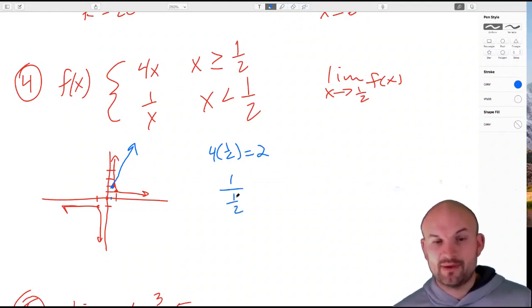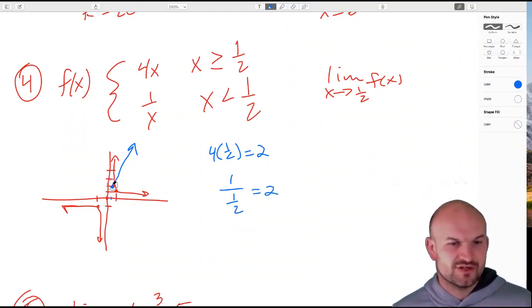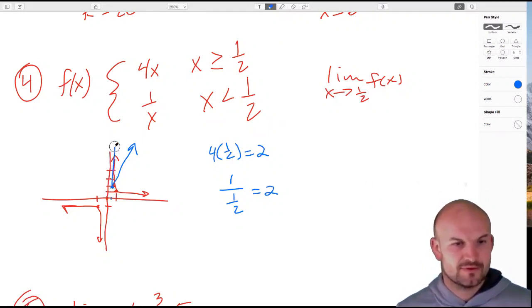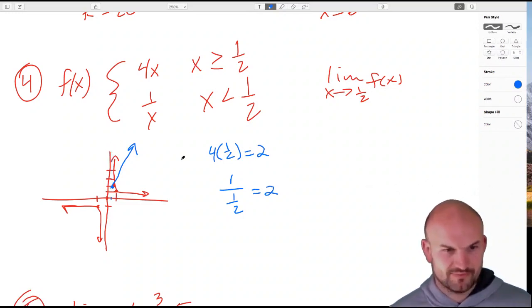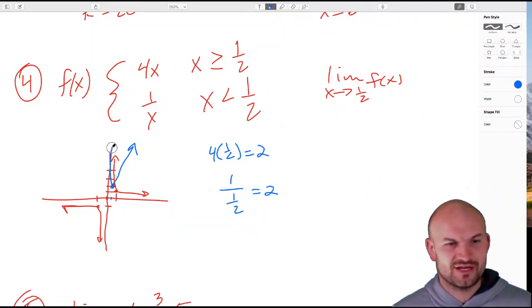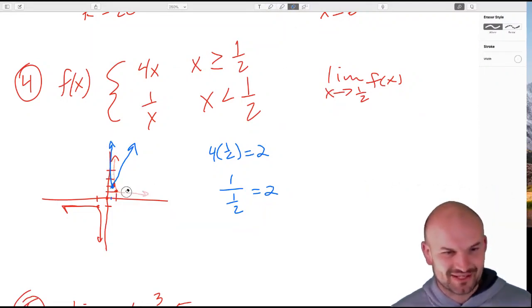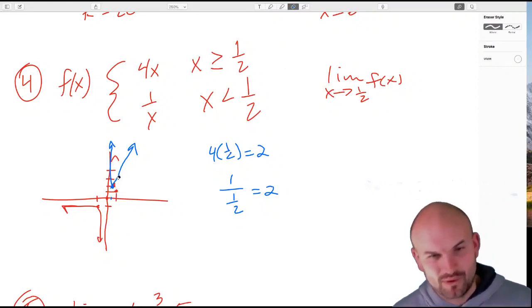When you have 1 divided by 1/2, that's also going to equal 2. But remember, that's undefined here, so that value is going to look kind of like that. It's kind of weird in this problem. I'm trying to focus on the graphical approach, and this problem is really not helping with it, because they both meet at this point.